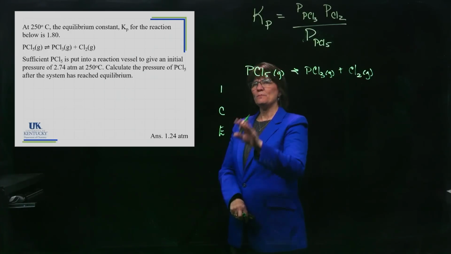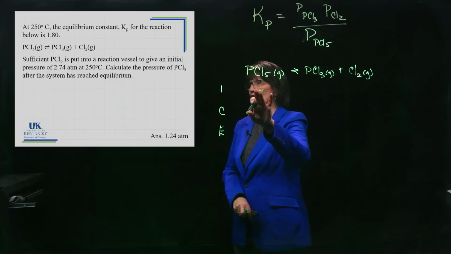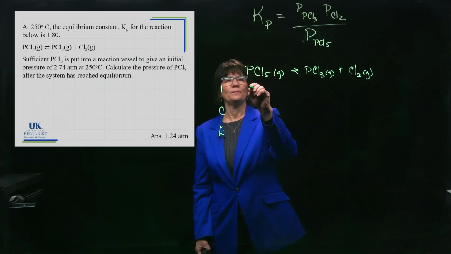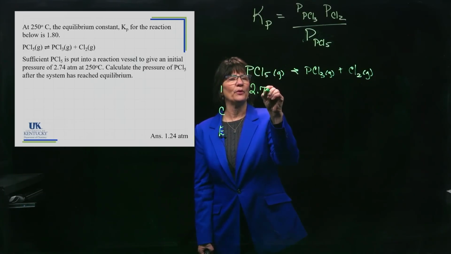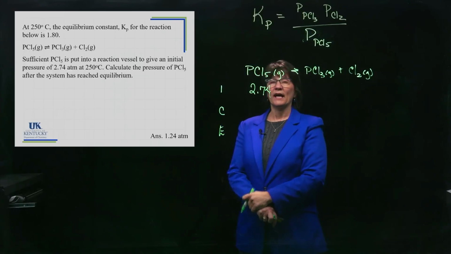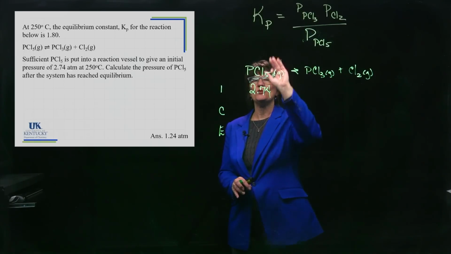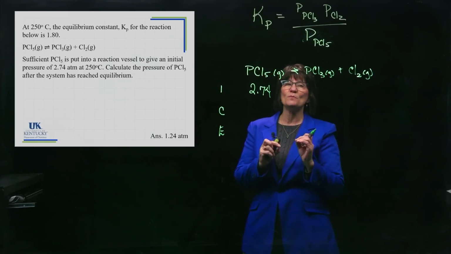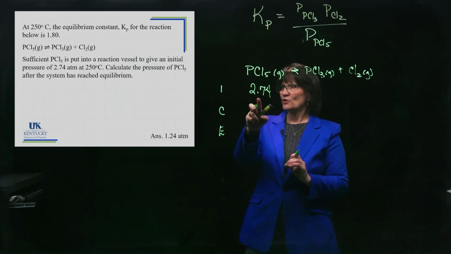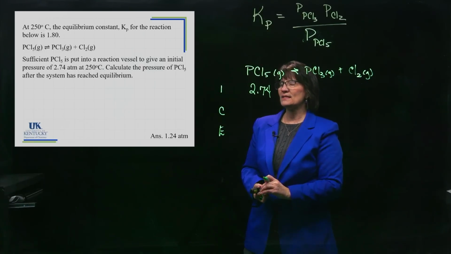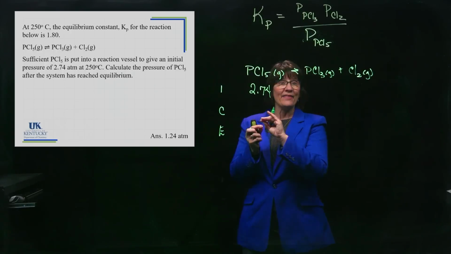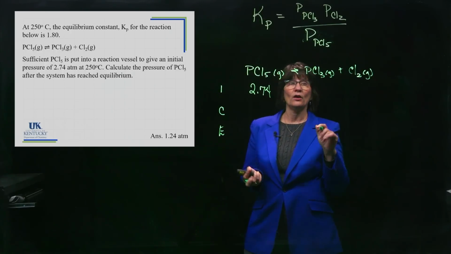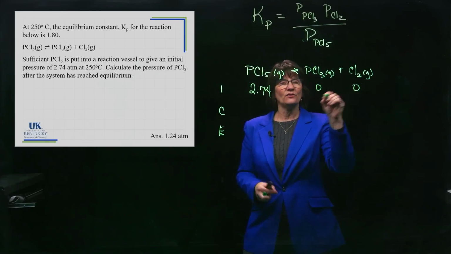They put sufficient PCl5 into the reaction vessel to give an initial pressure of 2.74. That's all they're telling me they're putting into the vessel. Keep in mind that when you're doing KP, you must deal with atmospheres. So if the problem didn't give it to you in atmospheres, you must convert it. So now we know the pressure of PCl5 initially, and that's all they put in, so these others are 0.